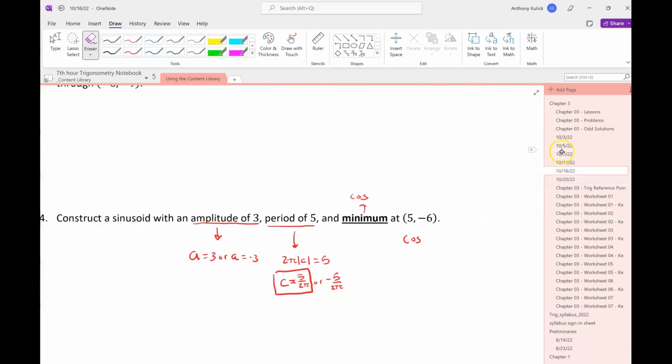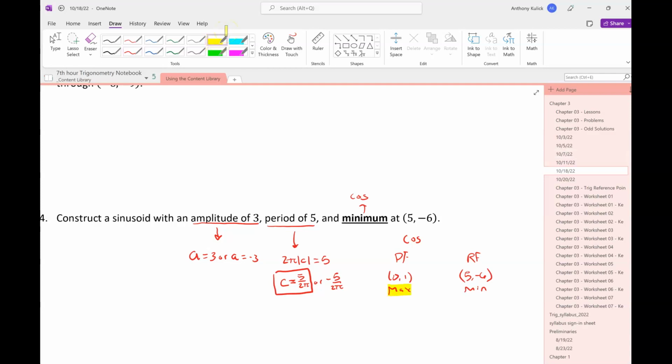So just like before, for my parent function, I'm going to pick the point 0, 1, which was a maximum. And we're going to transform that point into the point 5, -6, which needs to be a minimum.